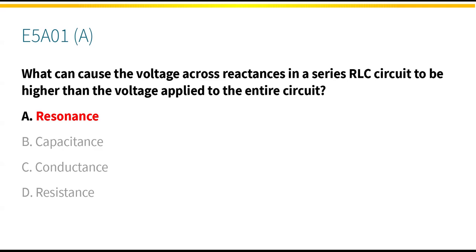The current has to be the same, but the voltages can vary. And they actually vary based on the Q. So the higher the Q, the higher the voltages can be. If you had a Q of 2, and we were applying, say, 10 volts, you'd see 20 volt peaks on those components between them. In a parallel circuit, you get just the opposite. The voltage is constant, so the current can be different between the inductor and the capacitor.